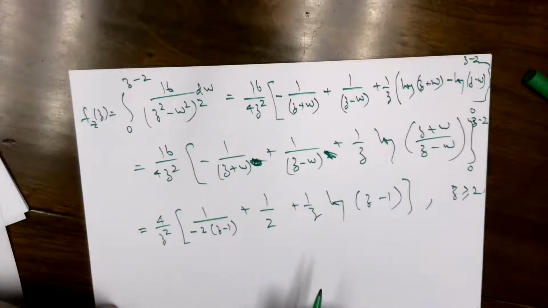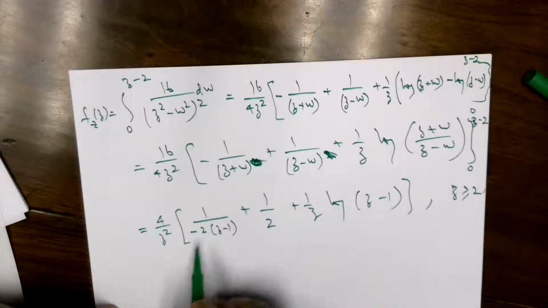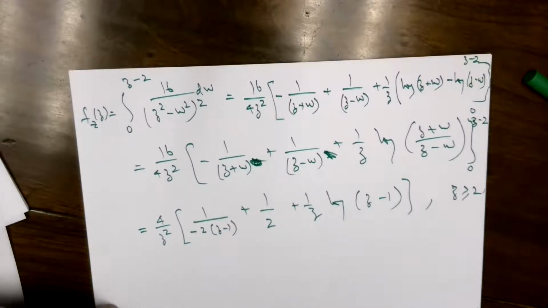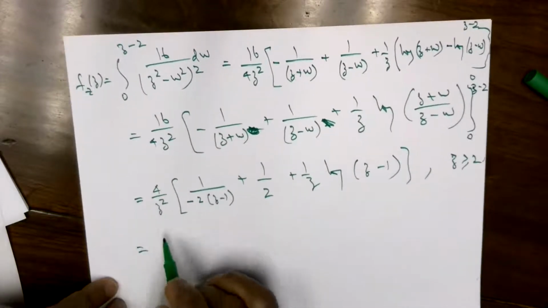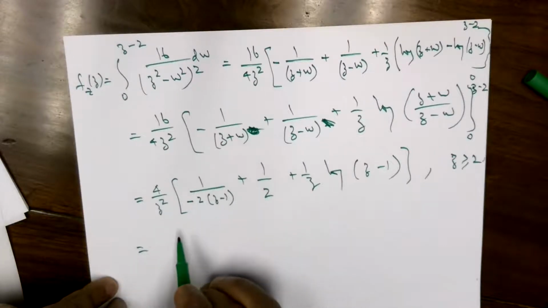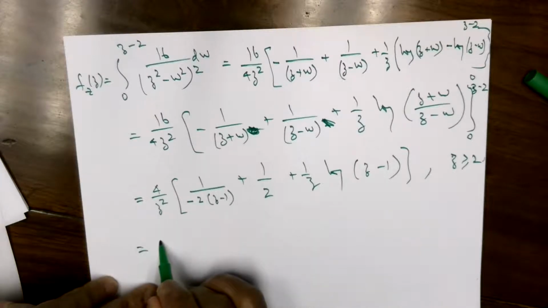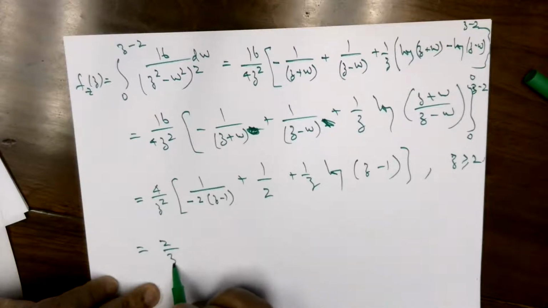And if I simplify all this stuff, first of all, I'm going to do a little bit of cancellation. I'm going to take the 4 inside, or rather a 2 inside. So I'm going to have 2 over z squared.